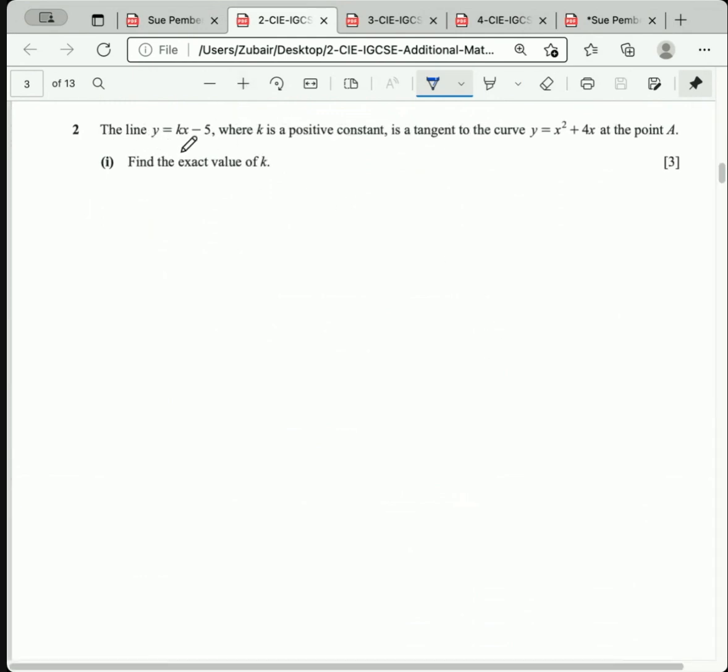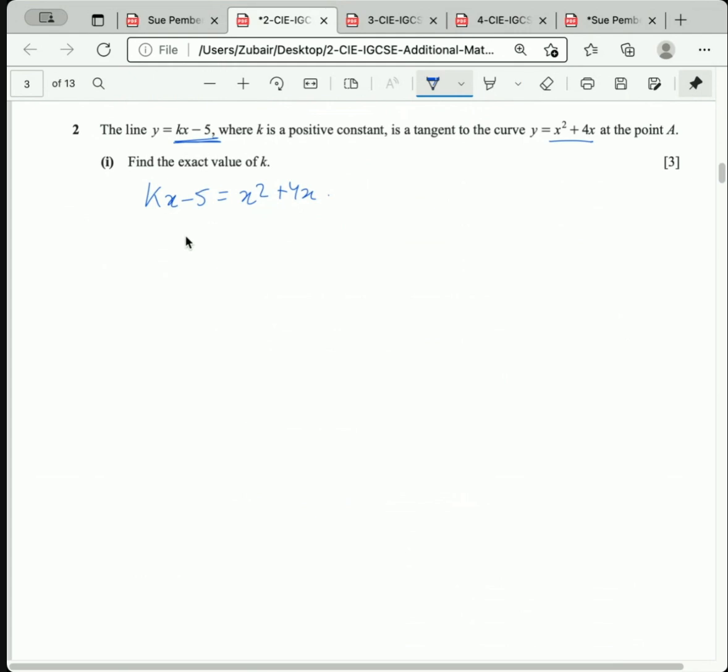Number 2, the line y is equal to kx minus 5 where k is a positive constant is tangent to this at a. First of all, if this is tangent to it, it is touching at one point. So we substitute y. Kx minus 5 is equal to x squared plus 4x.